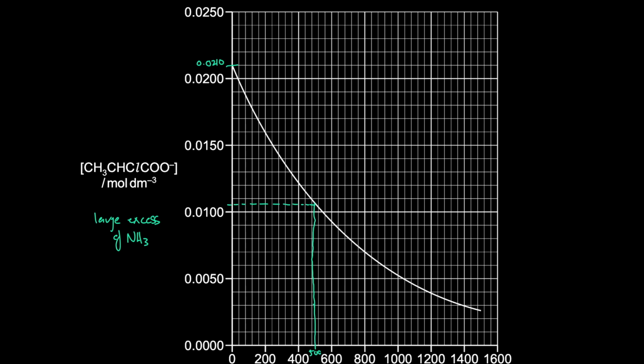That's the first half-life, and for the second half-life we go from 0.0105 to 0.00525. So we go over here, roughly to half that concentration, and we get to 1000 seconds. So the first half-life is 500 seconds, and the second half-life is also 500 seconds. So we can clearly see that we have a constant half-life of 500 seconds.